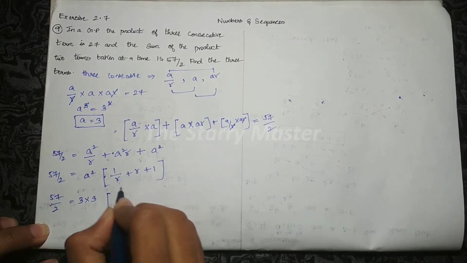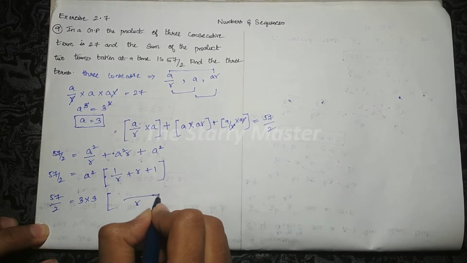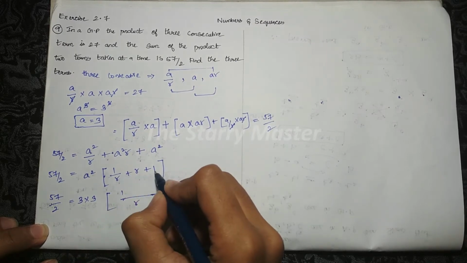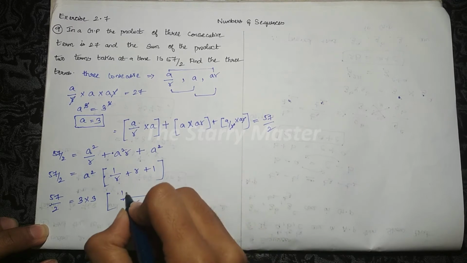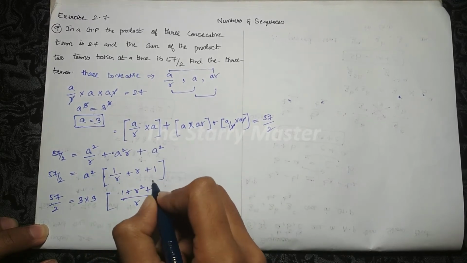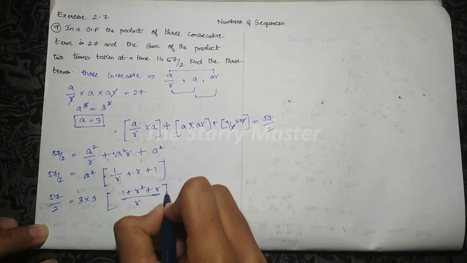So let's take a common denominator: if we take it common, we multiply the values by r, so plus r square, r into r square, plus 1 into r is r.